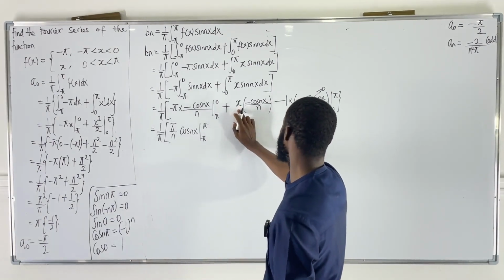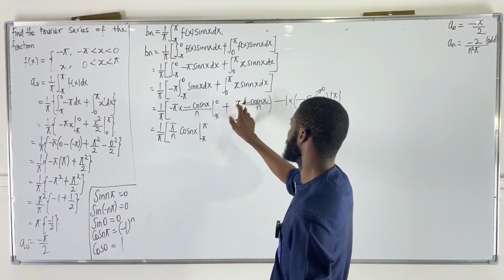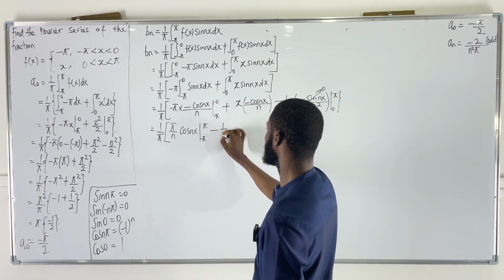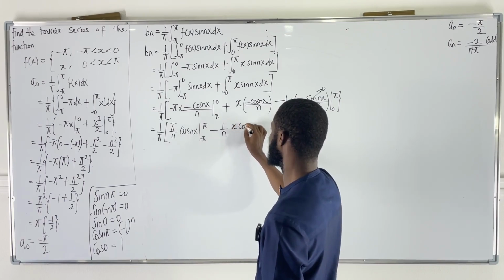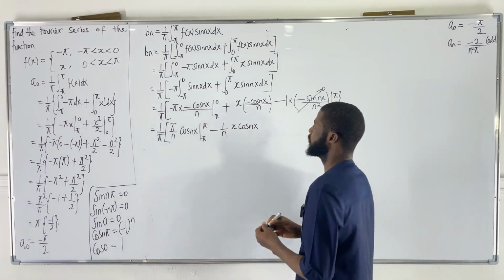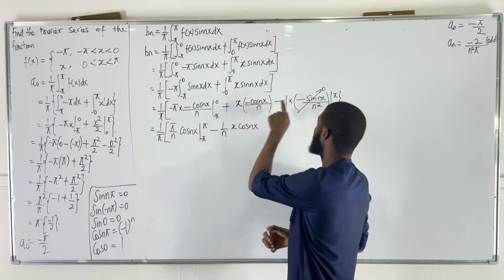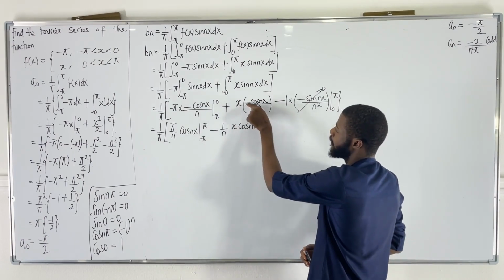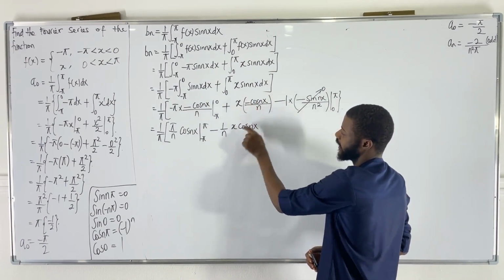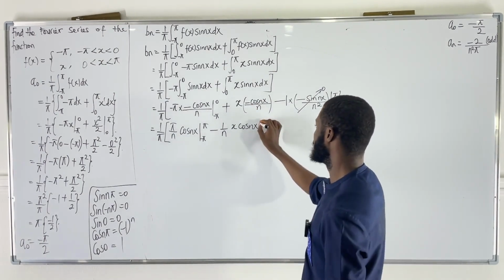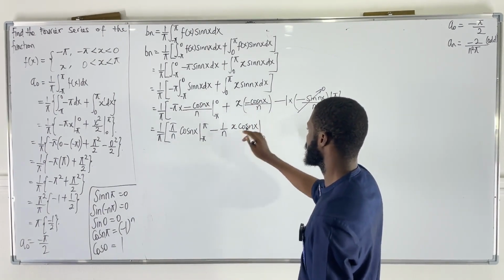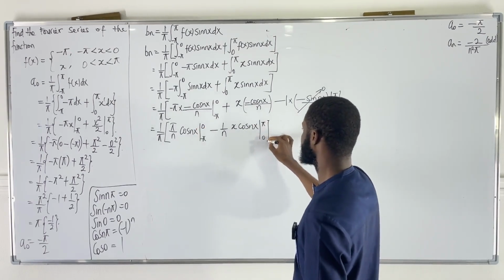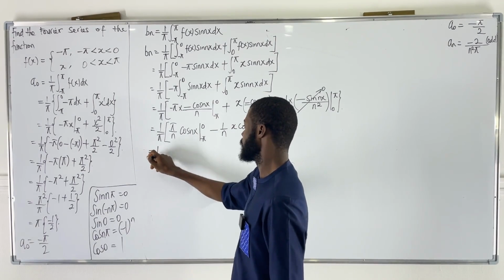And then for this part, this will be minus 1 over n x cos nx. The x is not a constant because I have to put this limit, so I only said minus 1 over n. Then the limit for this part, oh sorry, this is supposed to be 0 to pi. Okay, so this is 1 over pi.